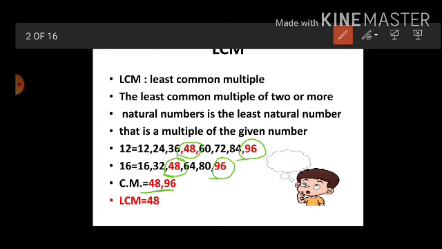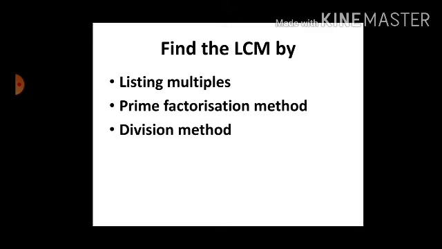And 48 is the least common multiple. The least natural number that is a multiple of the given numbers 12 and 16. 48 is a multiple of 12 and 16 also, so it is the least common multiple.